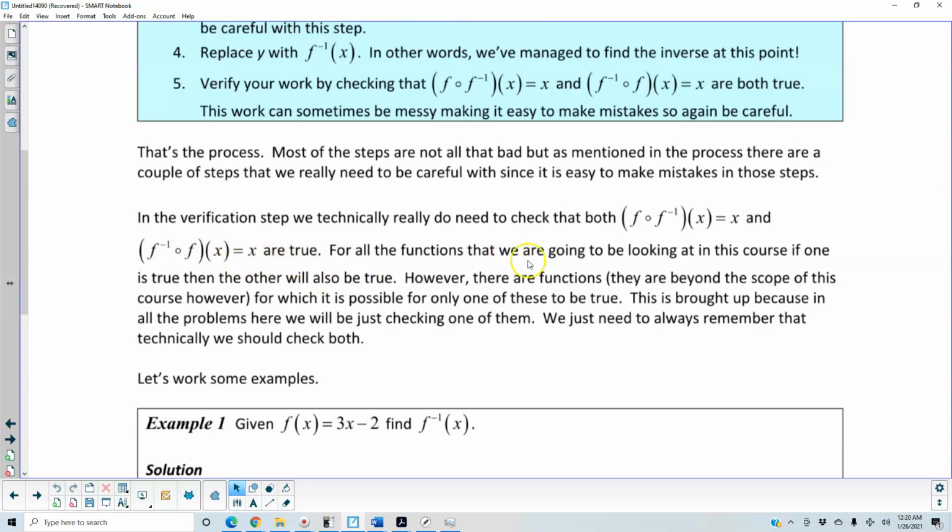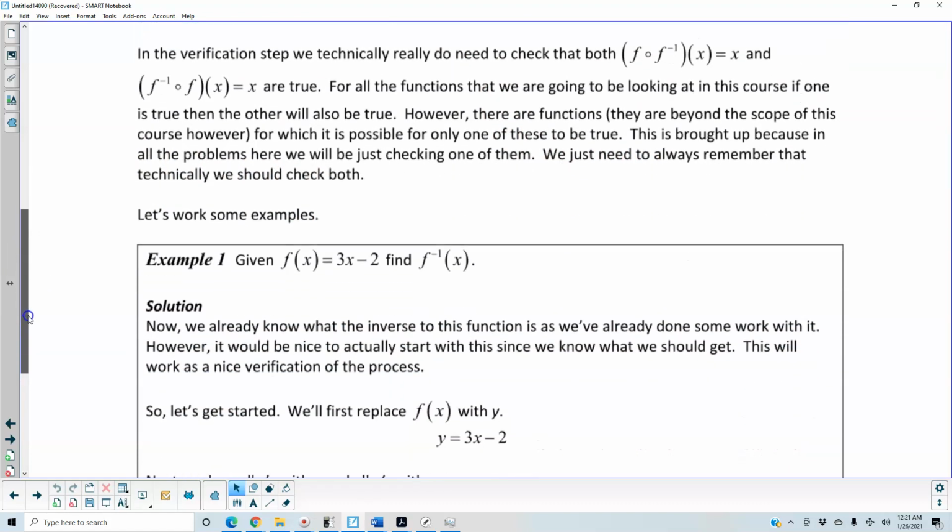Now, for all the functions that we're going to be looking at in this course, if one is true, then the other will also be true. However, there are functions, beyond the scope of this course, for which it is possible for only one of these to be true. This is brought up because in all problems here, we will be just checking one of them. We just need to always remember that technically we should check both.